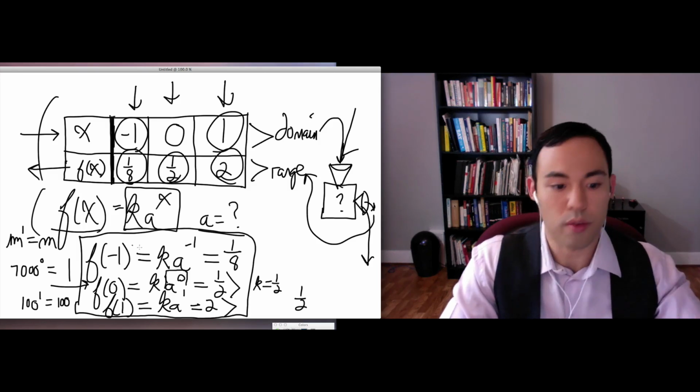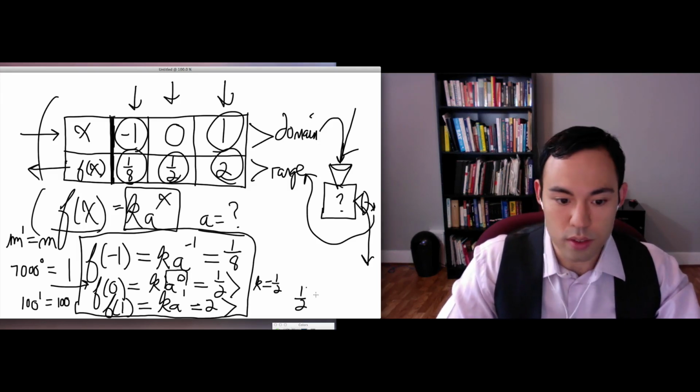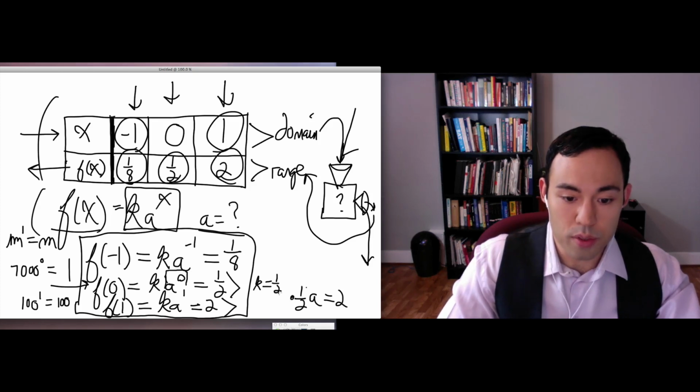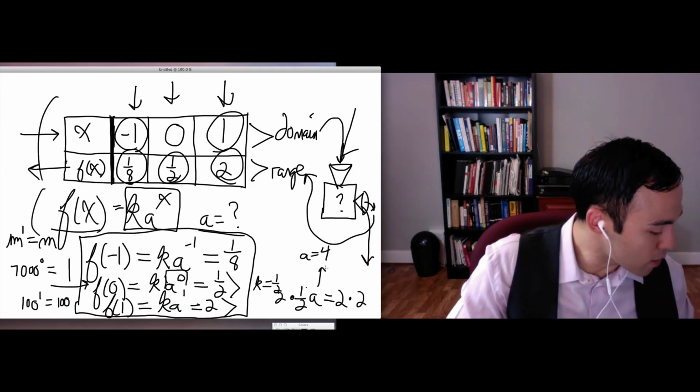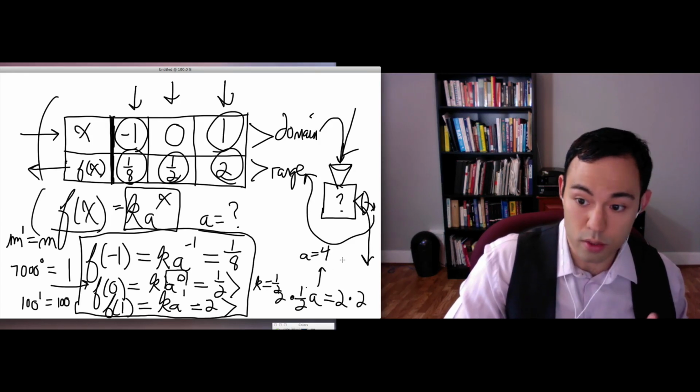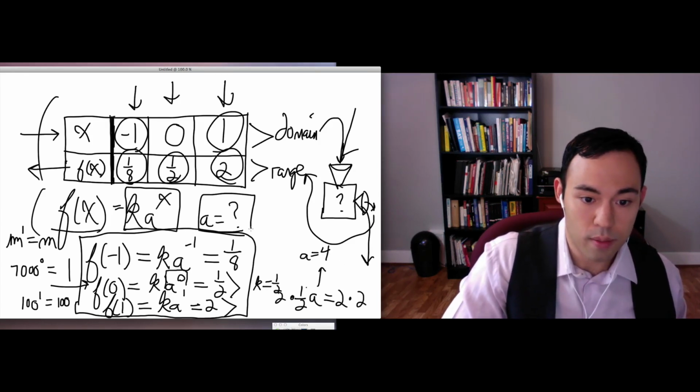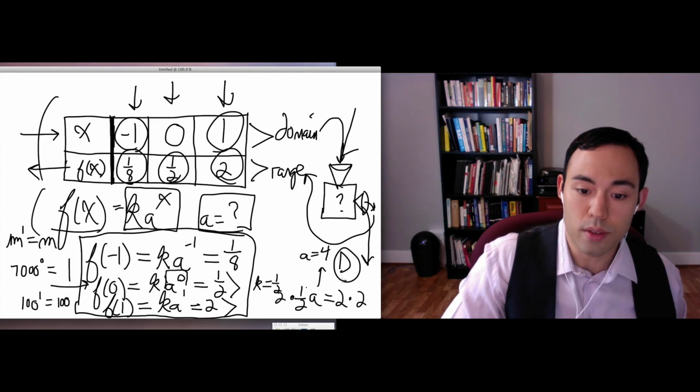Another thing you can double check. So a to the 1 is just a, and that equals 2. We multiply both sides by 2, and we'll get a equals 4. Okay, and let's see here, number 18, because they're just asking for a, they just want to know what a is, the answer choice is D.